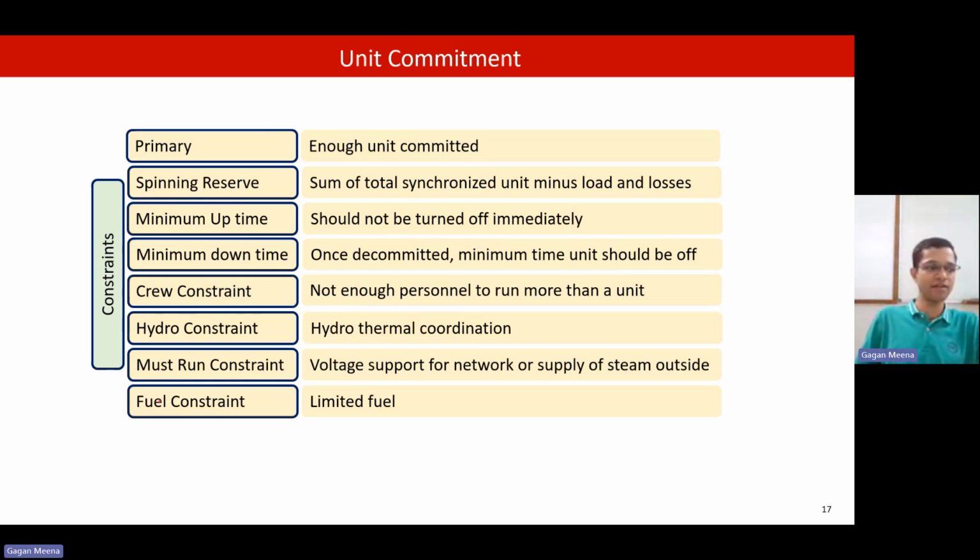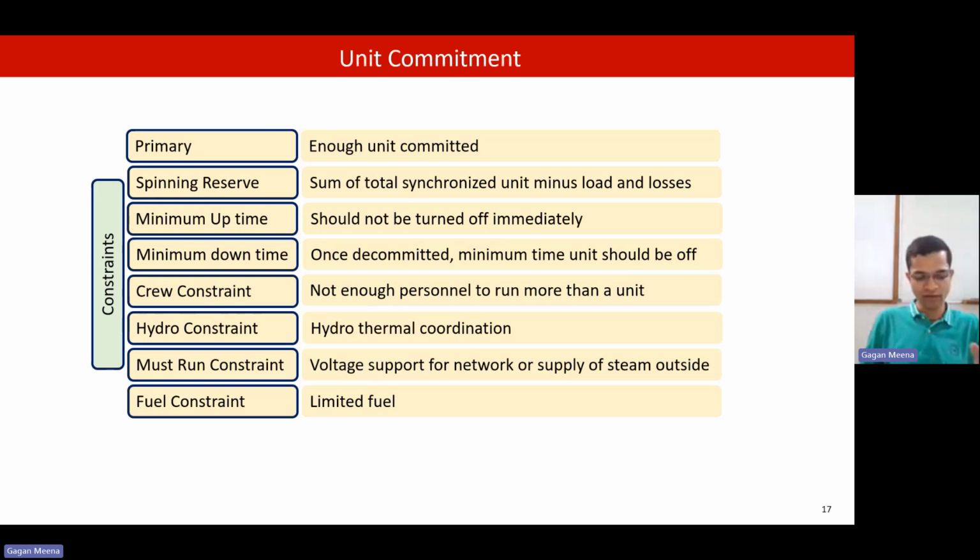Then fuel constraint. Sometimes we see that we procure coal from outside. In India, the coal production is not at par with the consumption, the demand, the requirement. So we import coal from other countries.